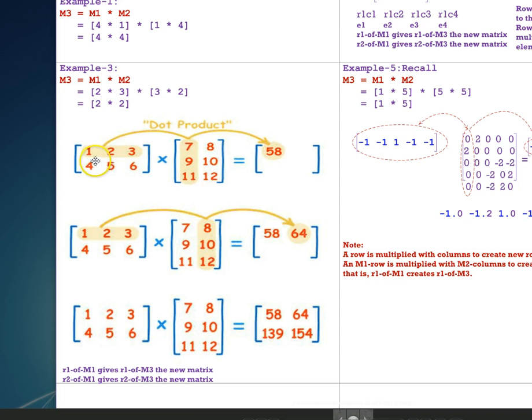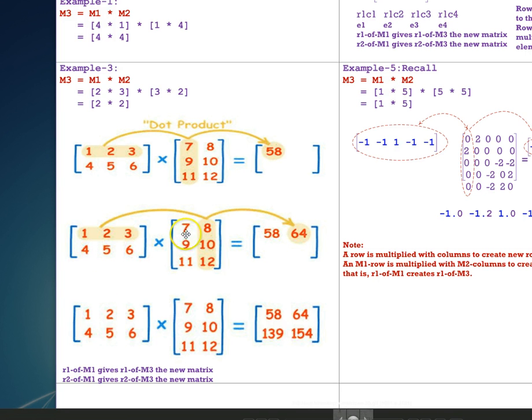In this case, you take the first row and multiply it with the first column, and you get the first element. Again, the first row into the second column gives you the second element. The first row and first column gives you 58.